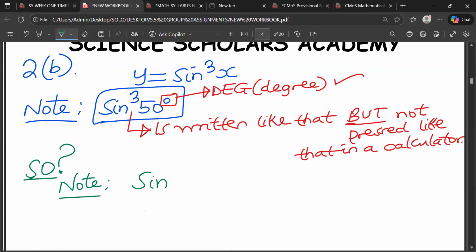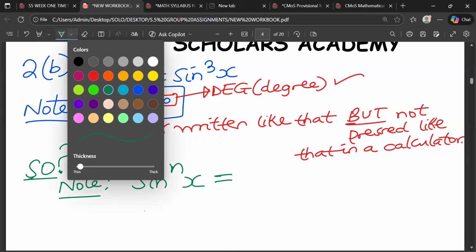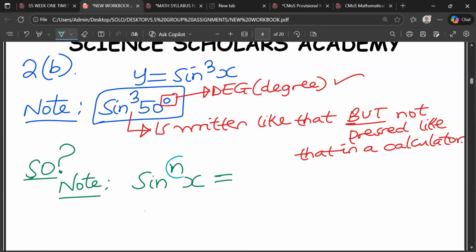When you're having sine to the power n of x, have it in mind that this is an overall power. Overall power, what do I mean?